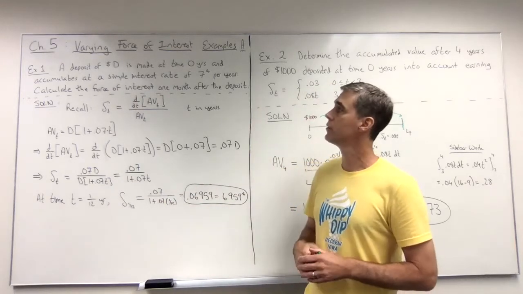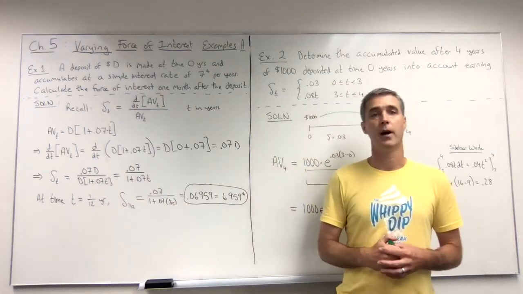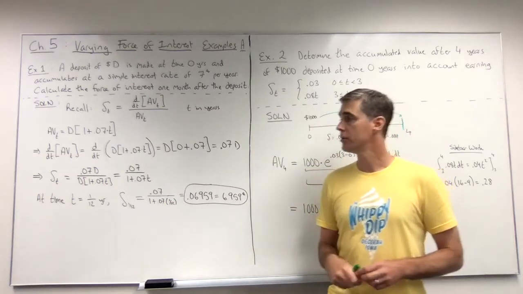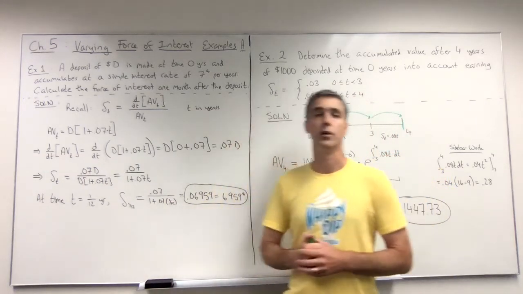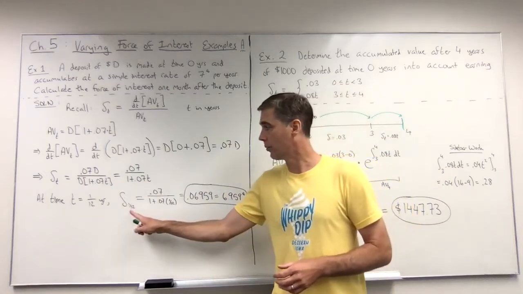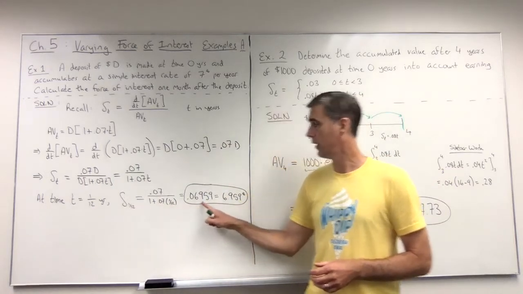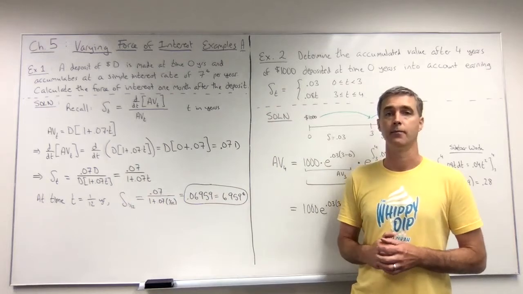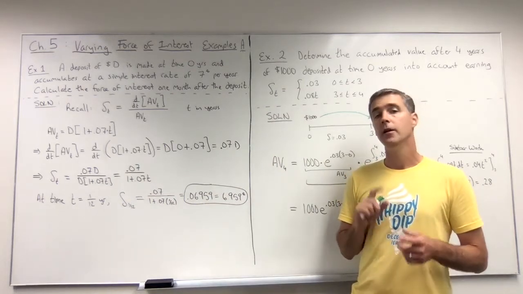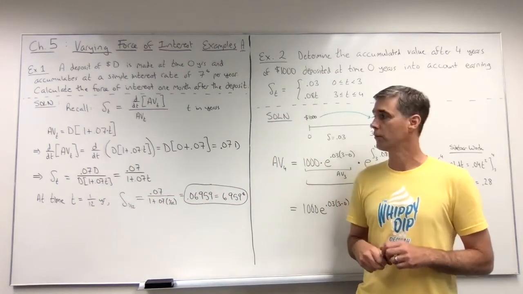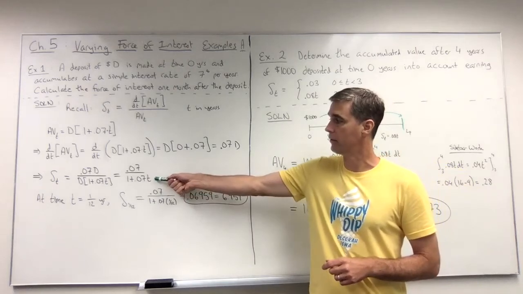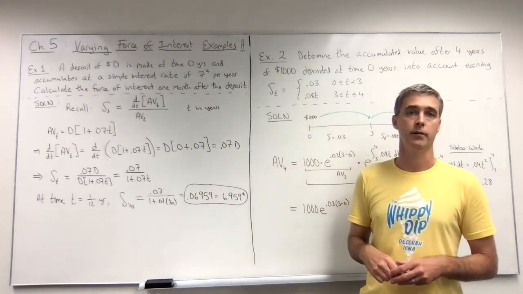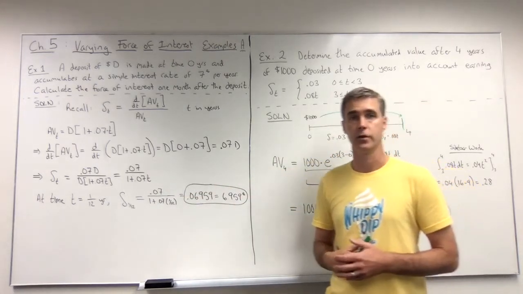We are looking for the force of interest 1 month after this deposit. Time is measured in years, so 1 month later is 1/12 of the year. So I'm going to replace t with 1/12, and that cranks out to 0.06959, or 6.959% force of interest. You'll note this is not a constant force of interest, because a different value of t would yield a different force of interest. So this is a varying force of interest.